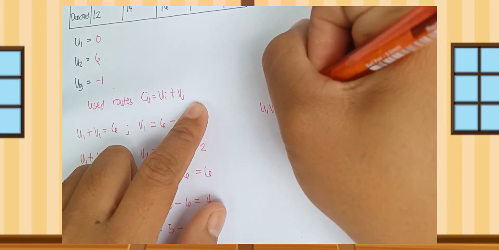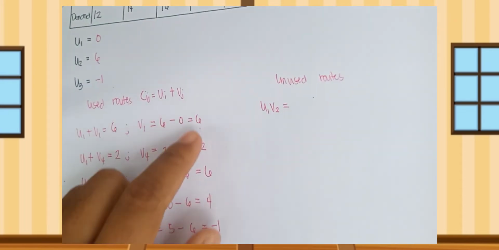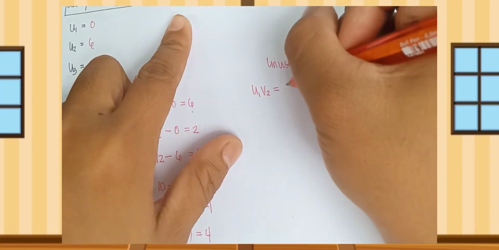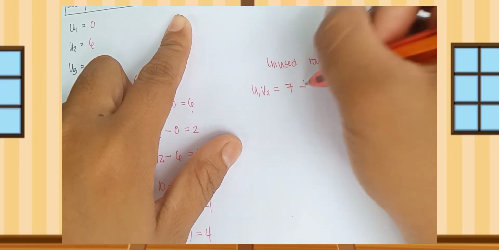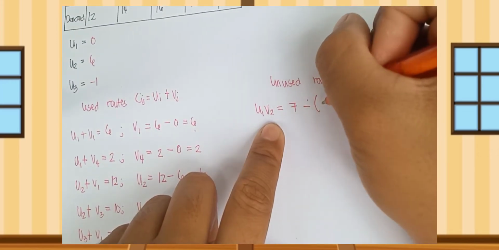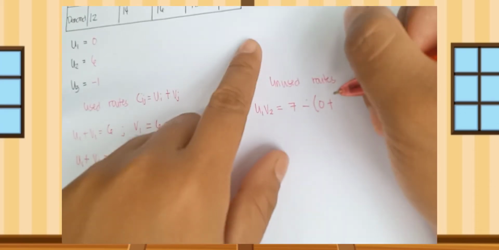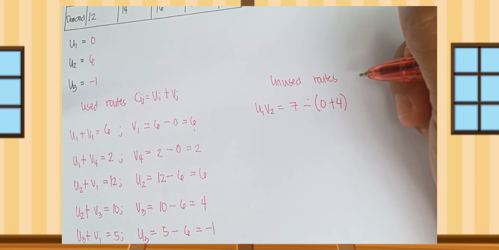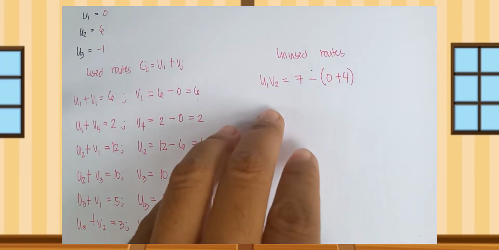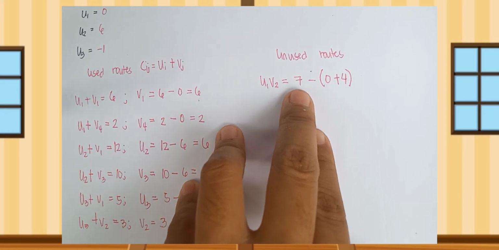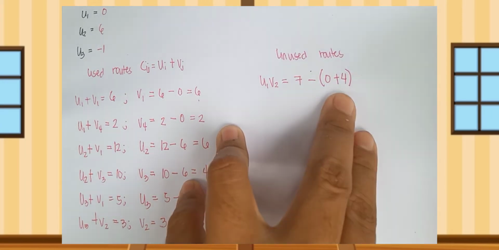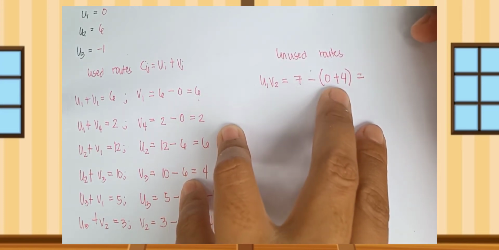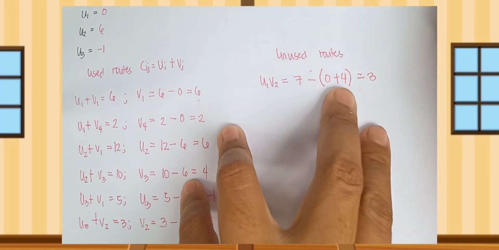The Cij of 7 minus the value of U1, which is 0, plus the value of V2, which is 4. So 7 minus 0 plus 4 is equals to 4. So 7 minus 4 is equals to 3.